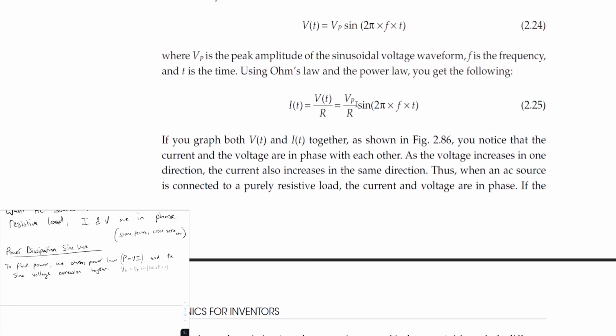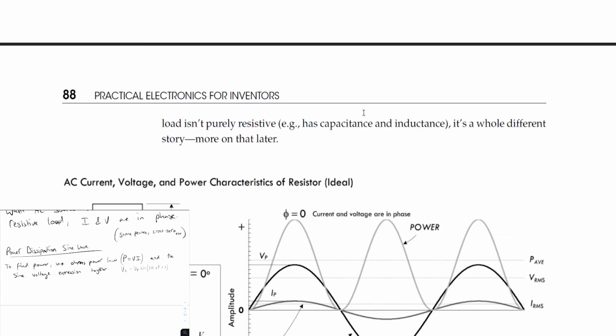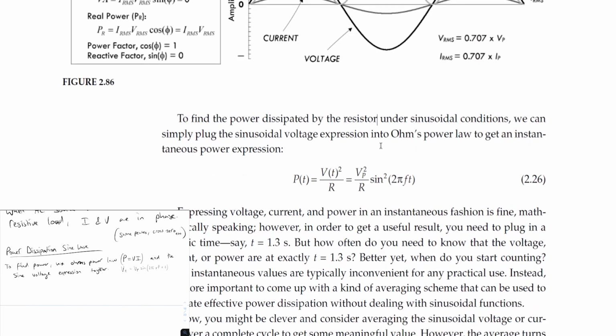I think it's exactly the same. I'm not sure why they've done that though. So power over time is equal to voltage times, divided by R. Why are we doing this?